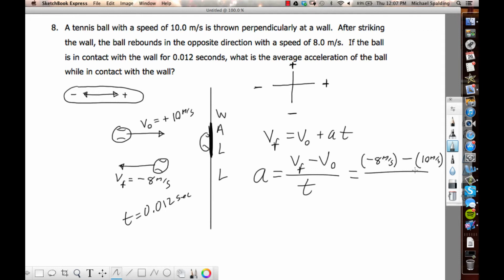So we have negative 8 minus 10, which is negative 18, divided by the time, which is 0.012, and our acceleration comes out negative, which we'll talk about in a second. So we get 1,500.